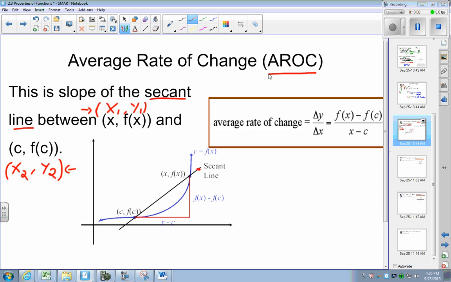So we can also write slope of secant line is equal to this also.